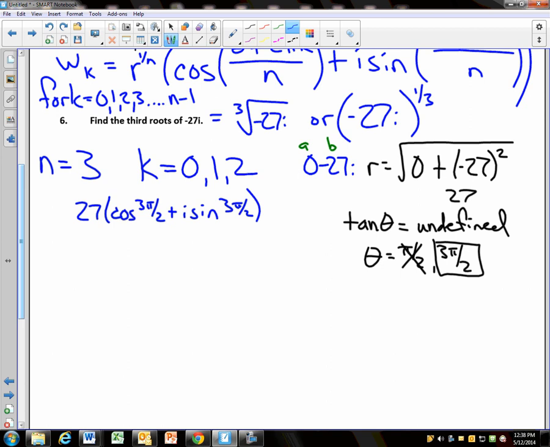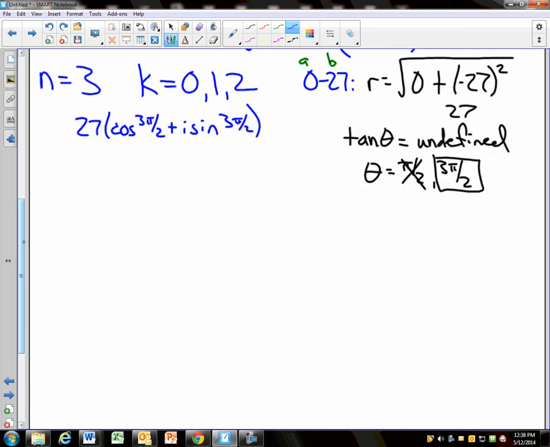Anybody wondering how we got any of this? Because if you plot the point 0, negative 27i, you go 0 units on the x-axis and then negative 27 units on the vertical axis. So we go down 27, so that's going to be 3 pi over 2.